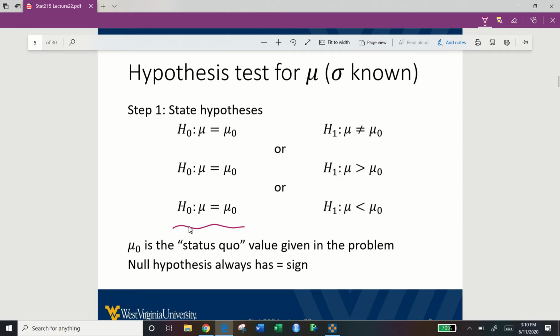For our alternative hypothesis, it is almost identical. The only difference is the symbol that's between mu and mu naught. This is going to be based on the situation described in our problem. Mu naught, if you weren't sure, is the status quo value given in the problem. Again, notice the null hypothesis always has an equal sign.